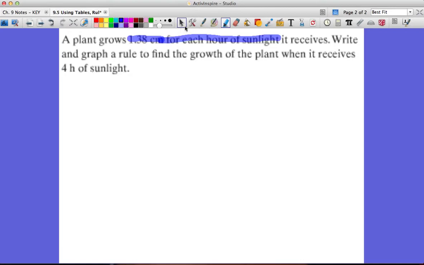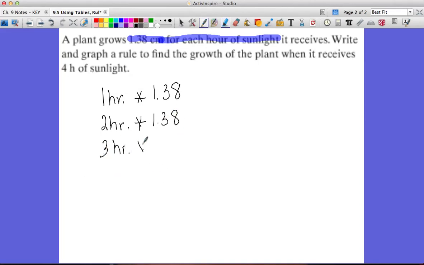Okay. So now we know that if it gets 1 hour of sunlight, we can multiply that by the 1 38/100 inches that it will grow. If it gets 2 hours of sunlight, we can multiply that by the 1 38/100 inches it will grow. 3 hours and 4 hours.